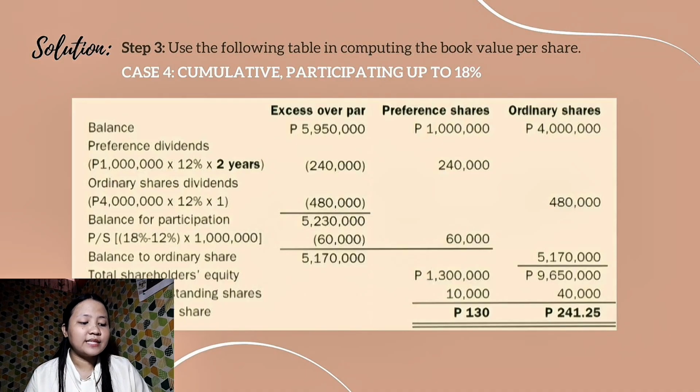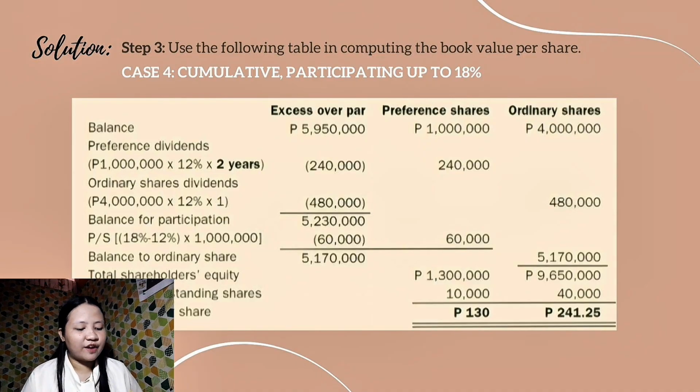So, 18% minus 12% would give us a difference of 6%. And this 6%, we multiply by 1 million, so equal to 60,000 additional preference dividends. So we deduct this from the balance for participation, and it would give us a remaining balance to ordinary share of 5,170,000.